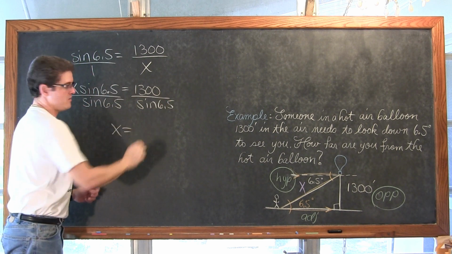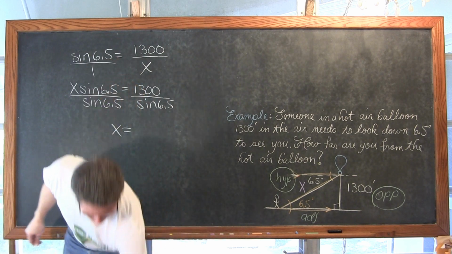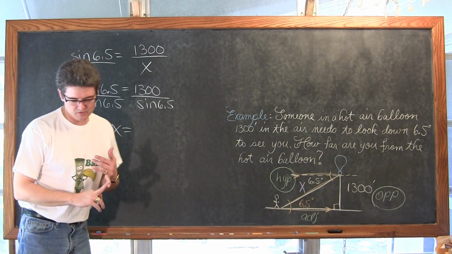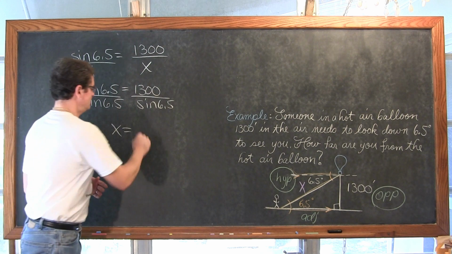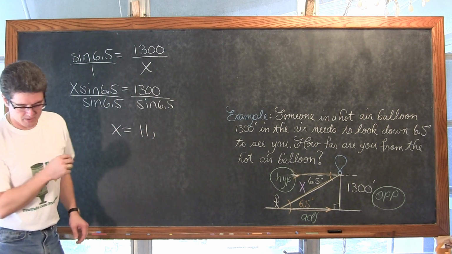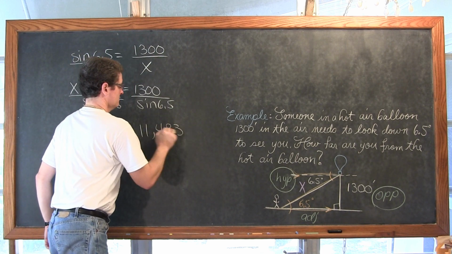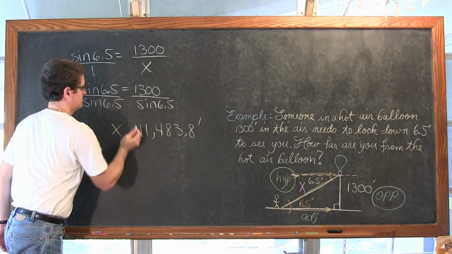and get x is equal to 1,300 divided by sine of 6.5, which is 11,483.8 feet.